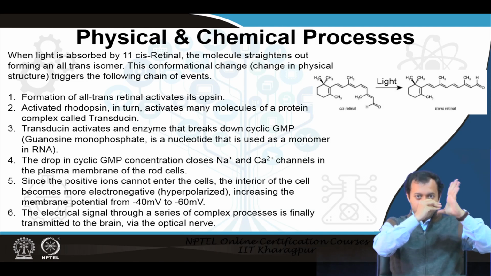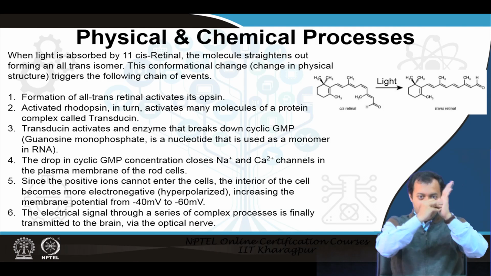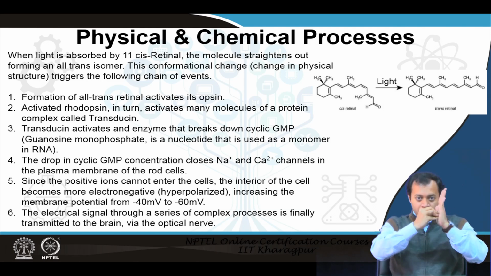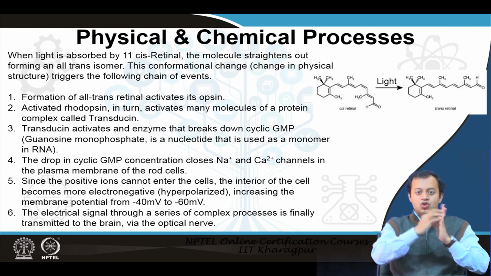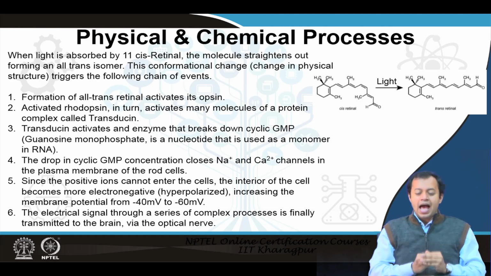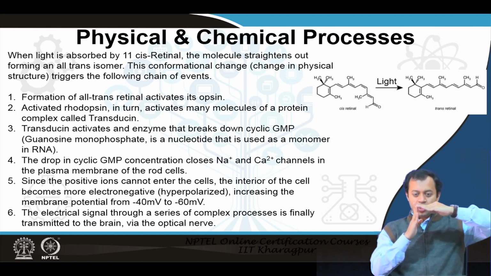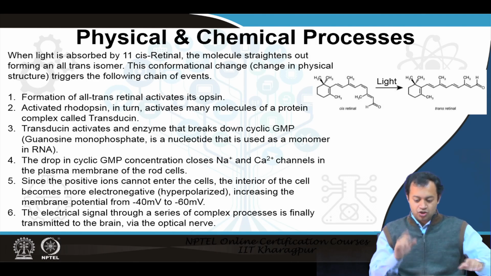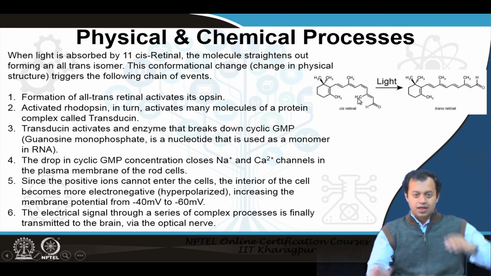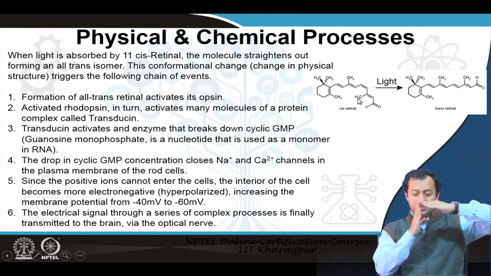This is the retinal, this is the chromophore, this is the part which absorbs light, and this is connected with the protein and the entire thing. When retinal absorbs light, the cis-retinal has a structure like this.